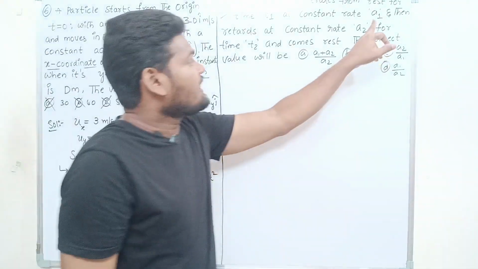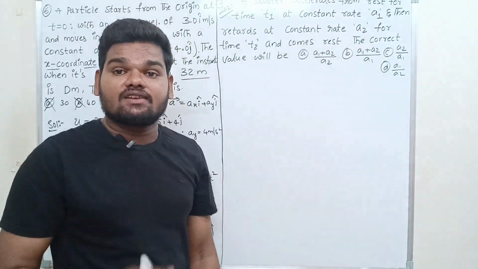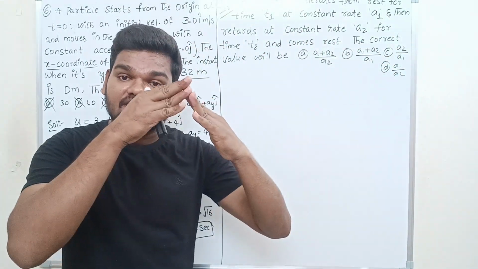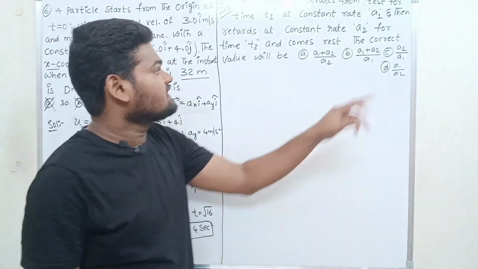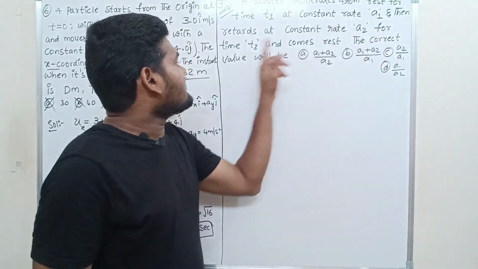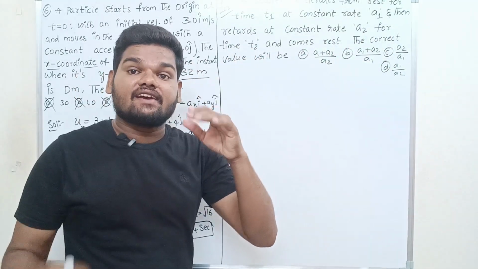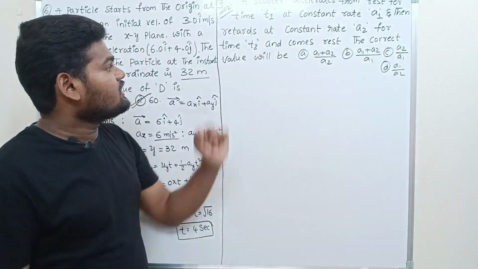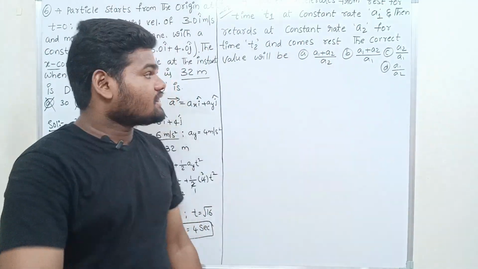How much is it? a1. Then retards at a constant rate a2. So retards means the velocity of the object decreases at a constant rate, a2, for time t2. So the time taken by the object to retard at a constant rate is t2, and comes to rest. Finally, the object comes to rest.